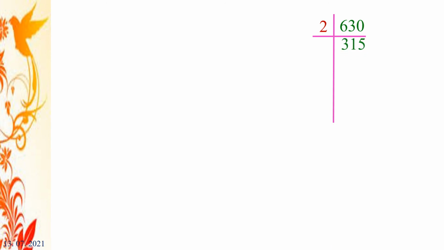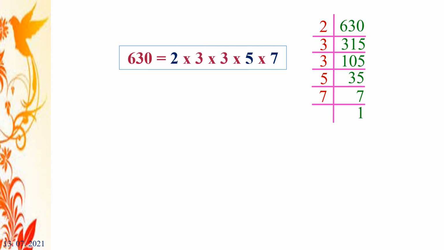So 315 is divisible by 3, so we'll get 105. 105 is an odd number, so it is divisible by 3, we'll get 35. 35 is divisible by 5, so we'll get 7. 7 is a prime number, so it is divisible by 7, we'll get 1. Now we can write all the factors of 630 equal to 2 multiplied with 3 multiplied with 3 multiplied with 5 and multiplied with 7.